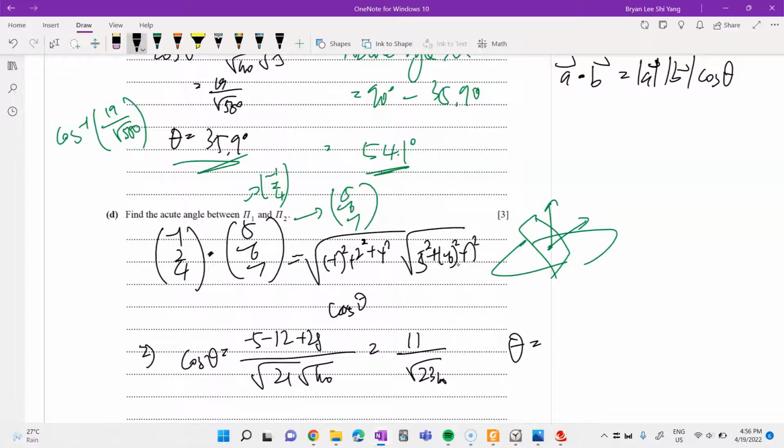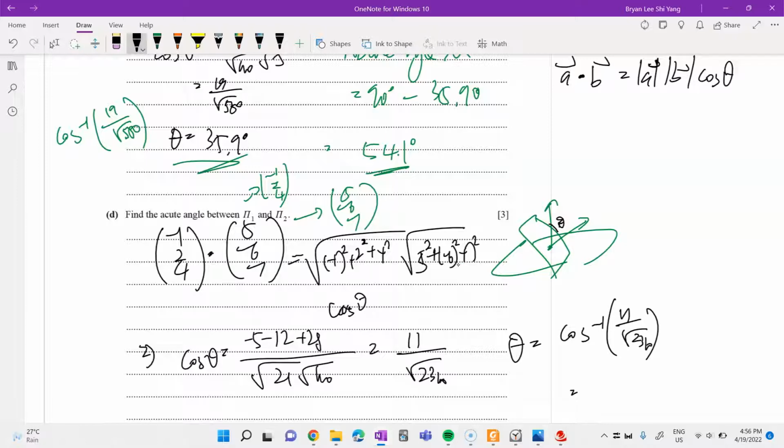So here, we can just take this angle because it's already what we wanted. Theta would be cosine inverse of 11 over the square root of 2310. You don't really need to write it out in the exam, I guess. Kind of a big number.